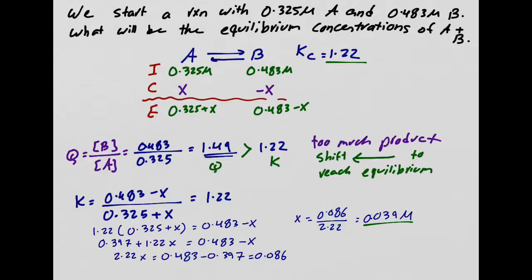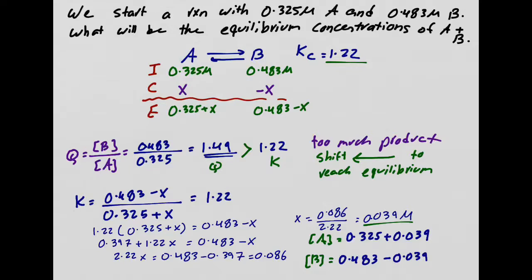Okay, so now that I have the x, I can figure out the concentrations at equilibrium. So the concentration of A at equilibrium and the concentration of B at equilibrium, again, you have the x, all you have to do is add or subtract them. So for A, it would be 0.325 plus 0.039, and for B it would be 0.483 minus 0.039.